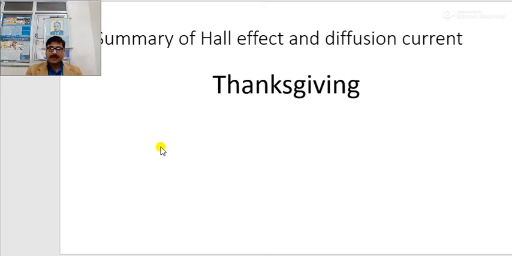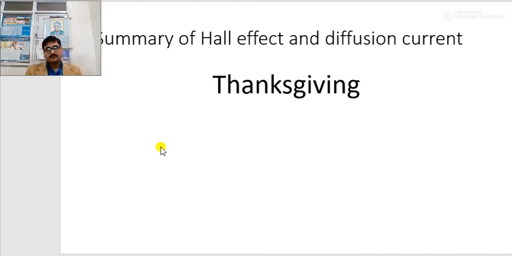We finally summarize the total topic as the application of the Hall effect, which mainly focuses on the forces under the Hall effect being equal to the forces given by Lorentz.